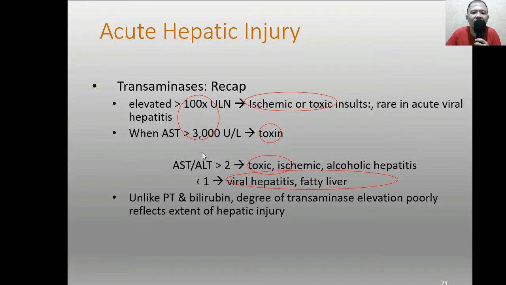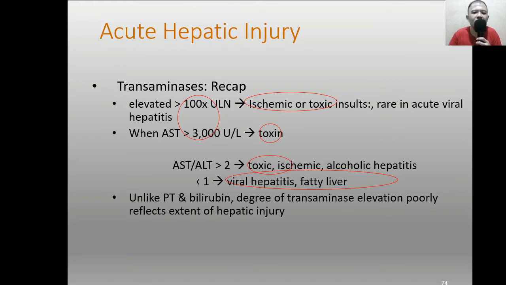If the AST is greater than 3,000, most likely that is a toxin. So in other words, even ischemia can really cause an elevation of transaminases, ischemia secondary to a blockage by a thrombus or a parasite. Toxin causes more elevation than viral hepatitis.